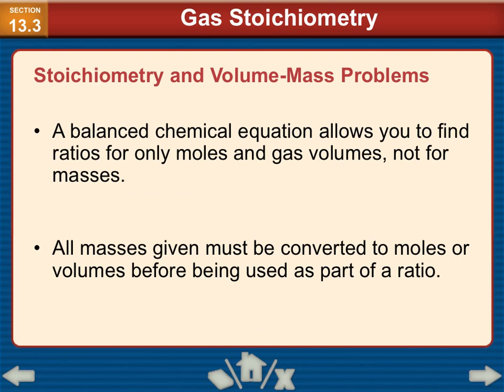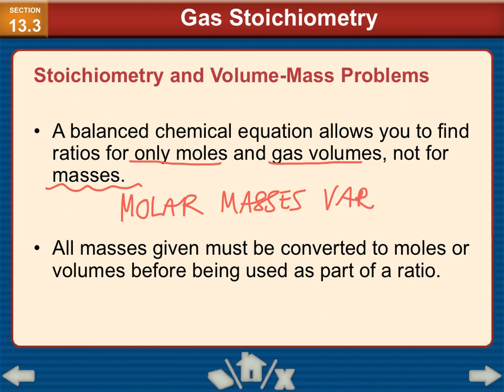Now, in starting these kinds of problems, we know that a balanced chemical equation allows you to find ratios for only moles and gas volumes, but not for masses. And why is that? Because molar masses vary. So what the mass is has always had to be converted into moles because molar masses differ from one substance to another.